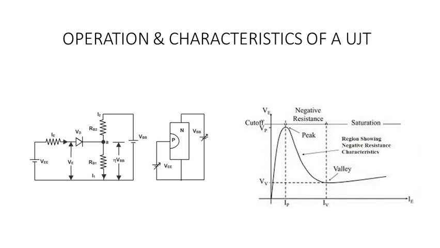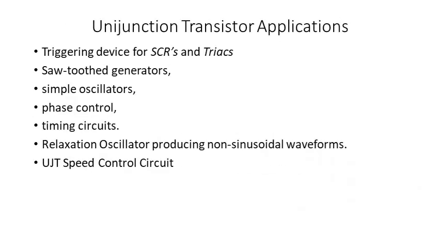Current increases while at the same time your RB1 decreases, and this is when your UJT is triggered or fired. The saturation region is beyond your valley point, where you say that your device is turned on, and you see that VE is almost constant, whereas IE keeps on increasing. So this is the characteristics of the UJT.